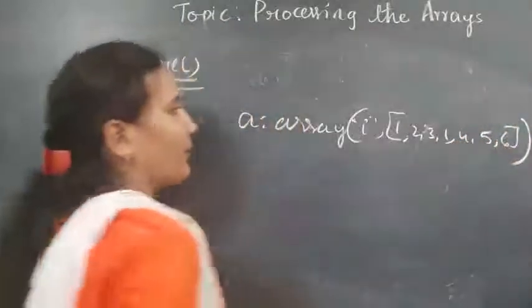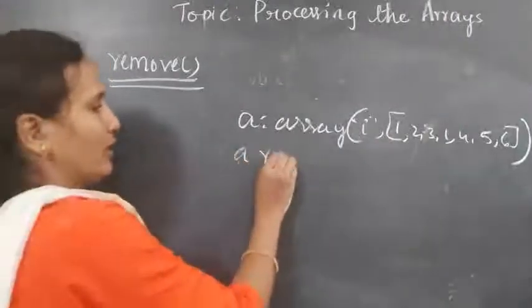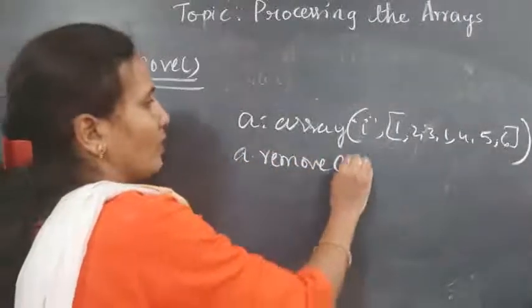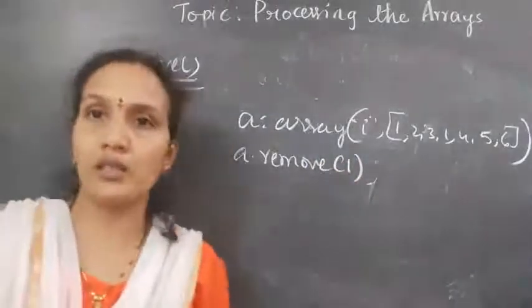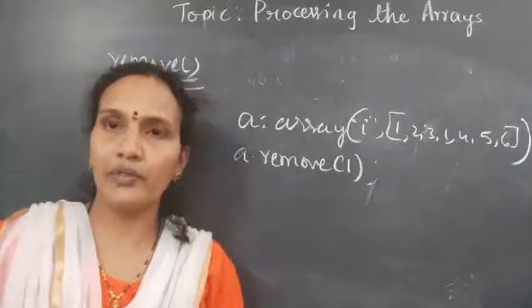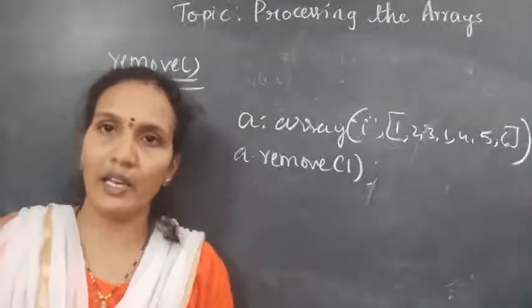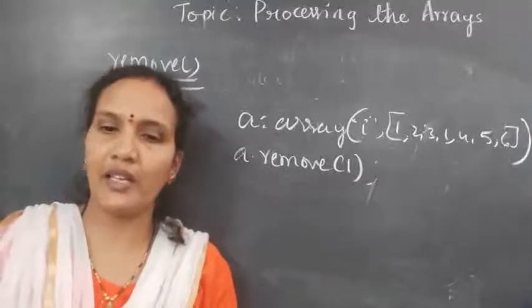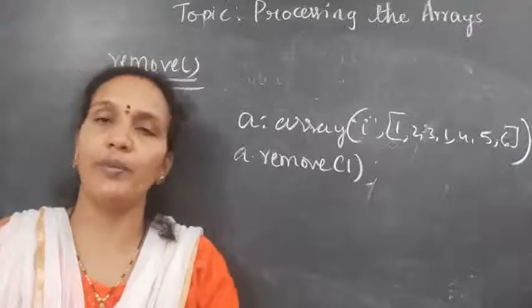Example, this is an array. I want to delete this one. Then directly A dot remove 1. That element will be removed. So the remove method is used to remove a particular element from the list. If that element occurs so many times, only the first occurrence of that element will be removed.